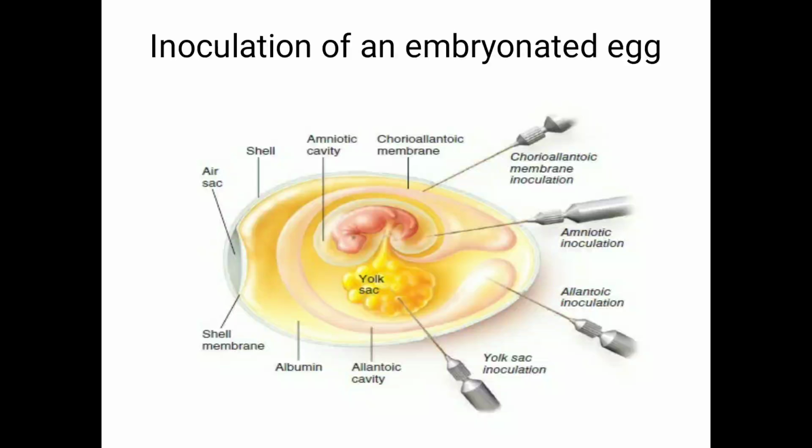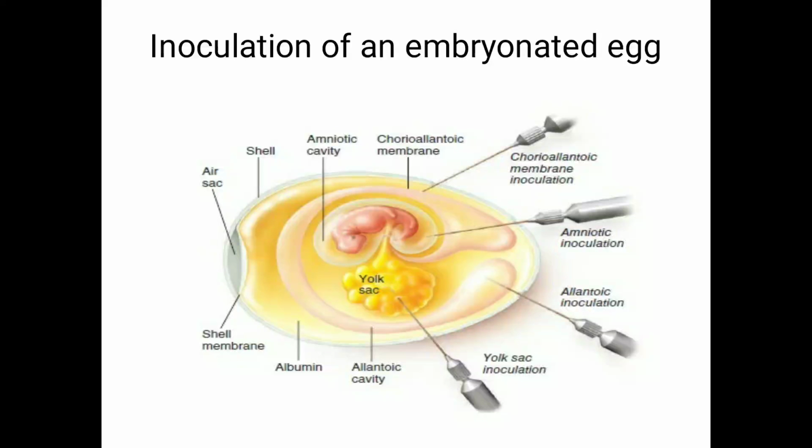The advantages of this method are that eggs are much simpler to handle than animals. Eggs are very economical and easily available. They are clean and bacteriologically sterile. They do not need feeding and caging as in the case of animals. They do not have an immune mechanism like animals to counteract the virus infections.